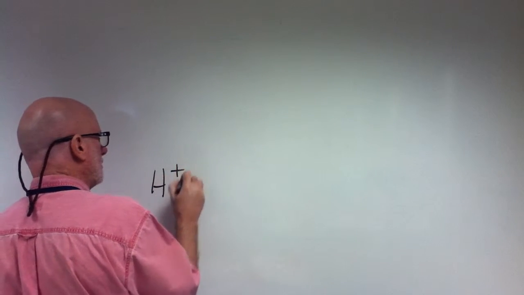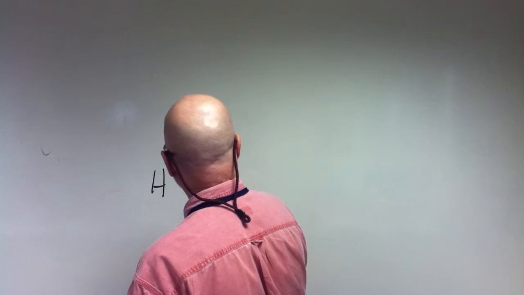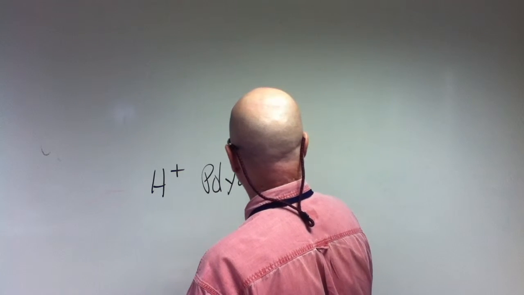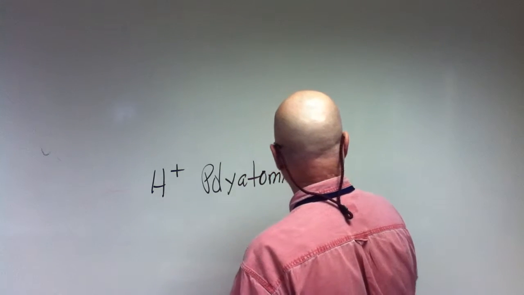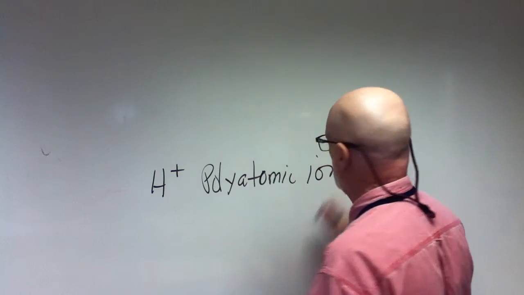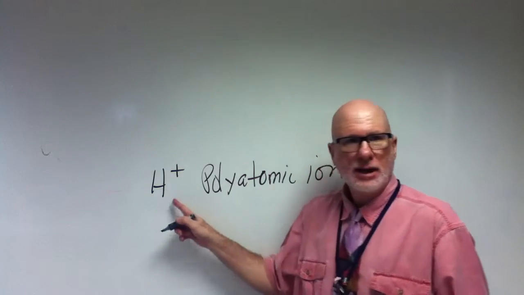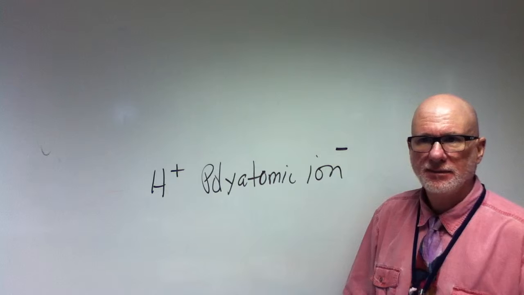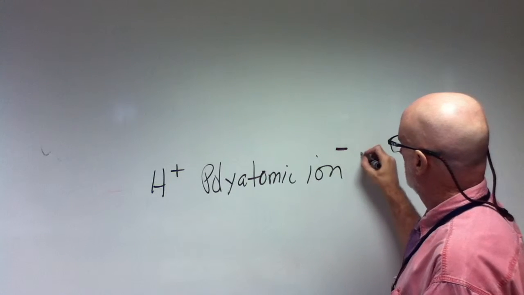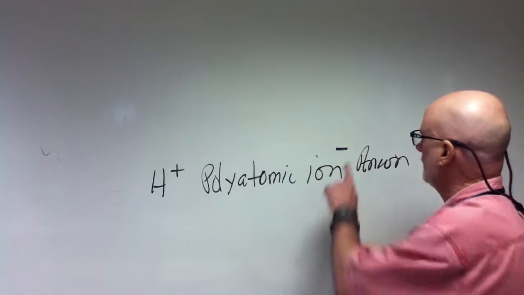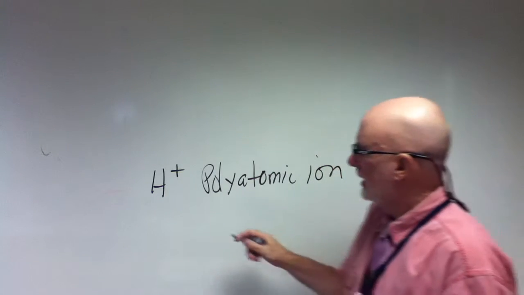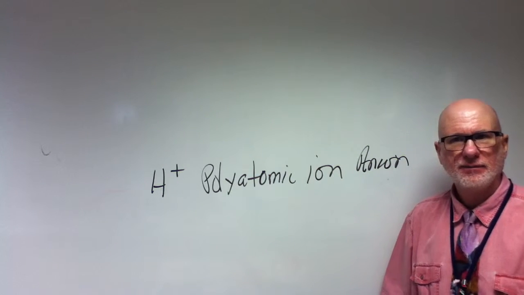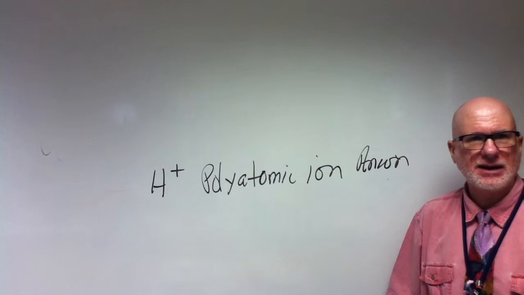It's H and a polyatomic ion, -1 anion. I'll get rid of this because it could be more than just one charge, okay? H plus and then a polyatomic ion, anion. Pick a polyatomic ion that you're familiar with, anything.